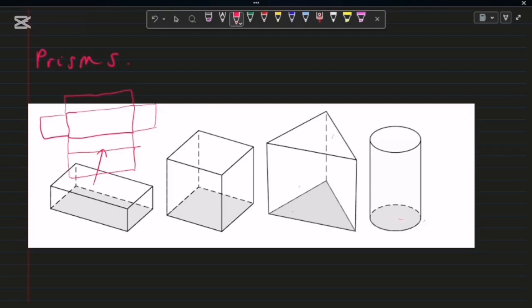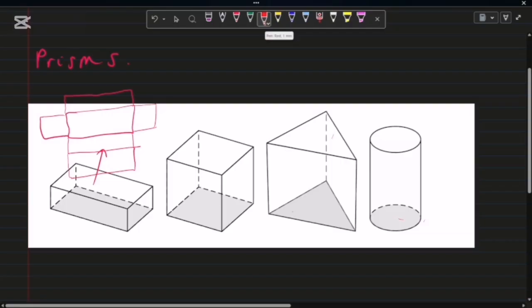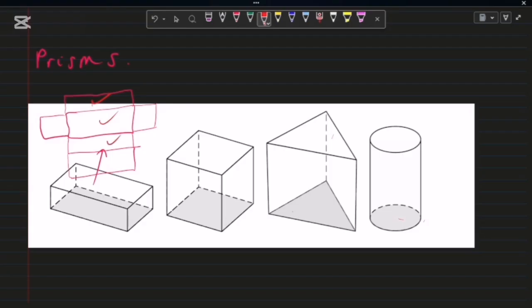Okay, now if it's like this, then we know how to determine the area of these two-dimensional objects, right? We can see that this guy is a rectangle, this is a rectangle, another rectangle, another rectangle, another rectangle, another rectangle.